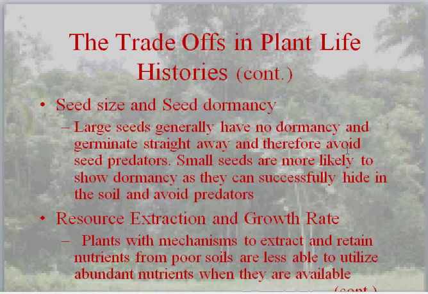So R-selected species quite often exhibit seed dormancy, but K-selected species, because they don't need to show dormancy and because dormancy is probably a disadvantage, tend to germinate straight away and show no dormancy.